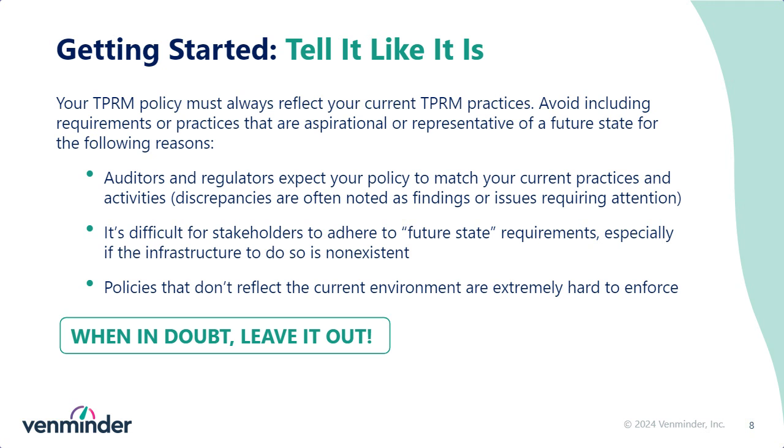You cannot enforce policies that are not relevant to your current practices. So your policy should state exactly what you're doing today, not what you hope to do someday or what you think you should do. A good rule of thumb is to omit any requirement that you can't prove you do, right? So when in doubt, leave it out.